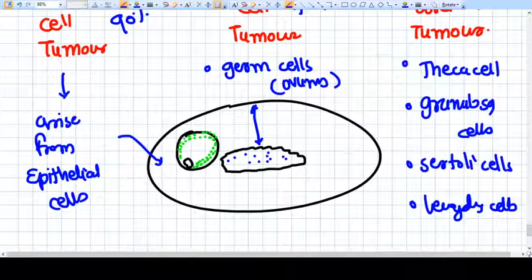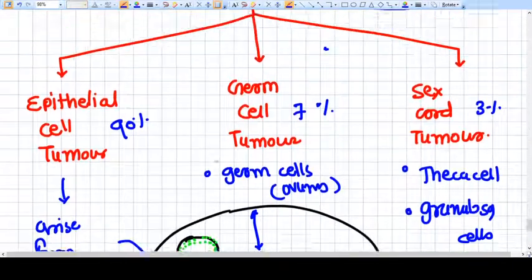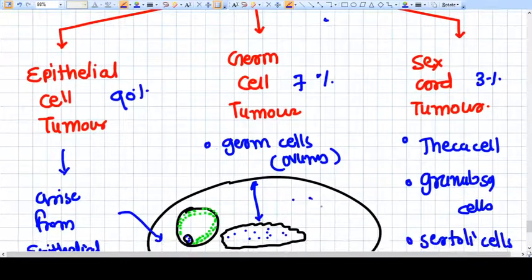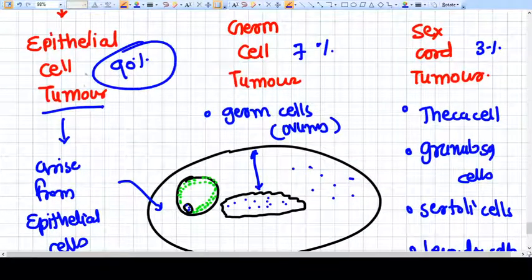In the follicles there is an ovum, and around the ovum you will find theca cells, granulosa cells, Sertoli cells, Leydig cells, whatever you want to find. Now if the tumor arises from the general epithelial cells, then we call it an epithelial cell tumor. It is very common. 90% of ovarian tumors are epithelial cell tumors.